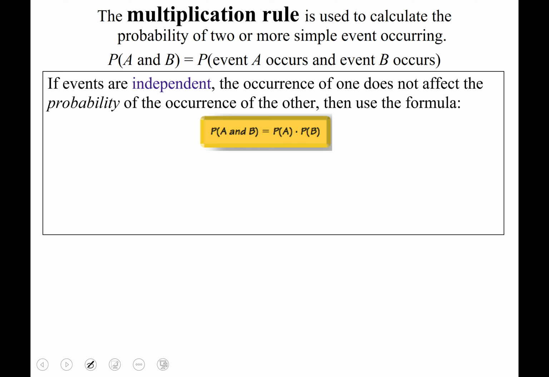If our events are independent, so kind of like the Venn diagram where there was no overlap, that being that the occurrence of one event does not affect the probability of the other event occurring, then what we're going to do is take the probability of event A occurring, multiplication, the probability of event B occurring.